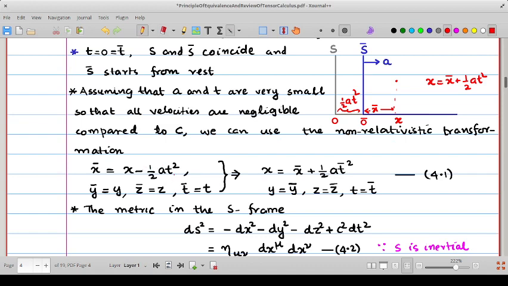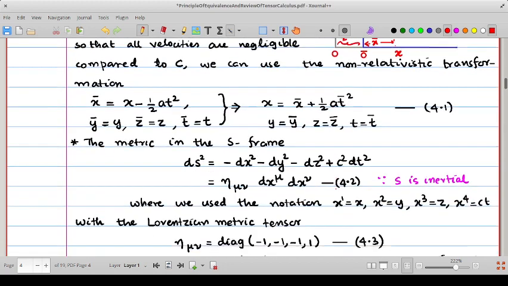So the inverse transformation is given by x equal to x bar plus half a t square, which is obtained by taking this to the left side and noting that t is equal to t bar, so that this becomes x equals x bar plus half a t bar square. And this simply becomes y is equal to y bar, z is equal to z bar, and t is equal to t bar.